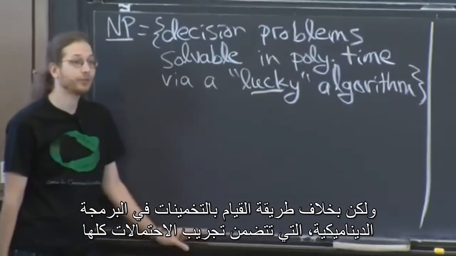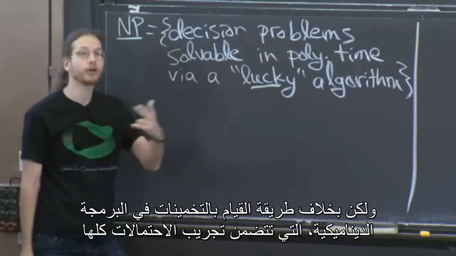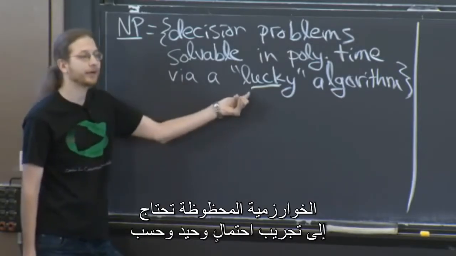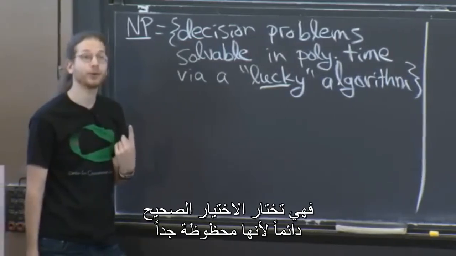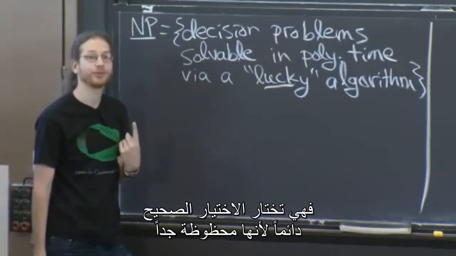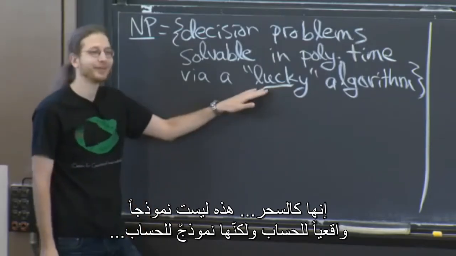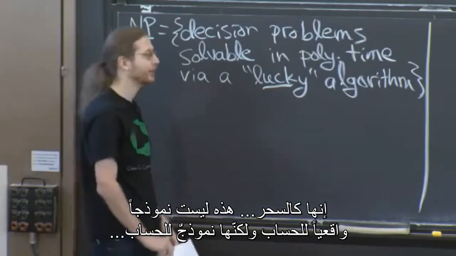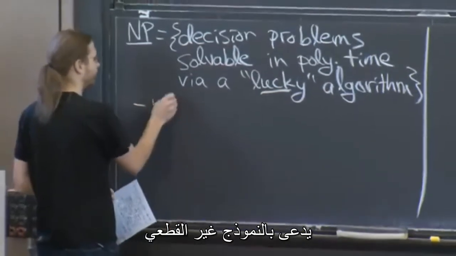But unlike the way that we've been making guesses with dynamic programming, where we had to guess something, we tried all the possibilities, a lucky algorithm just needs to try one possibility. Because it's really lucky, it always guesses the right choice. It's like magic. This is not a realistic model of computation, but it is a model of computation called the non-deterministic model.